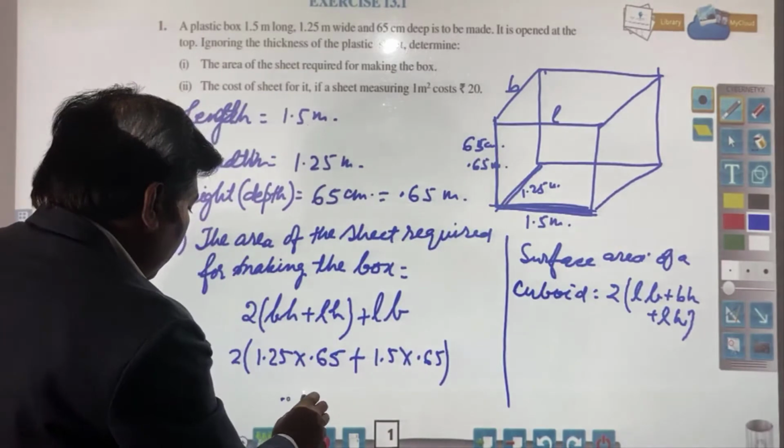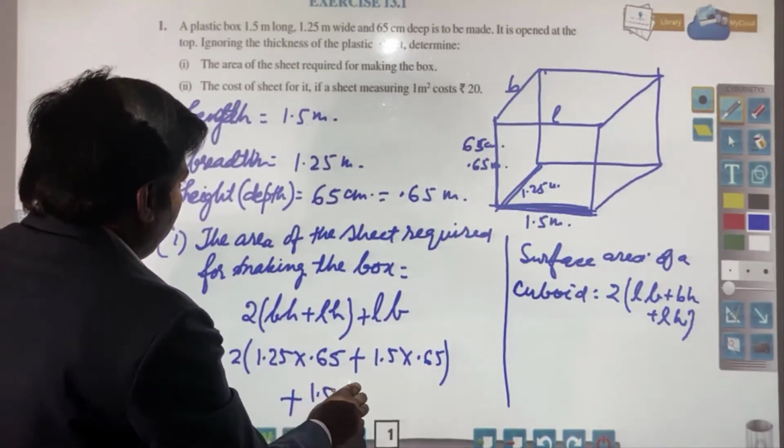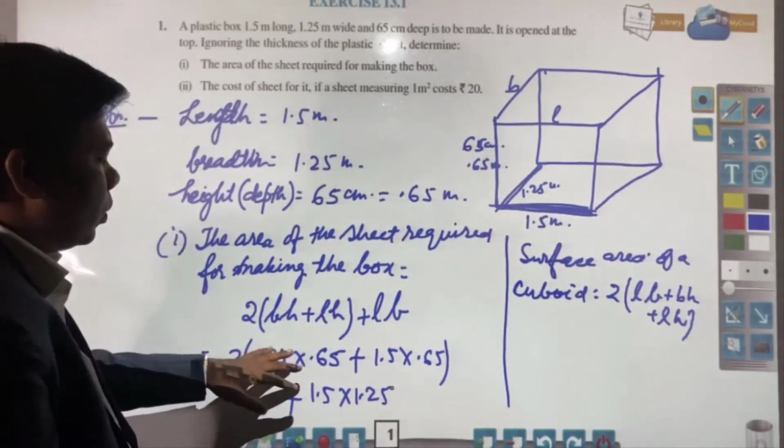And plus L into B, L into B is equal to 1.5 into 1.25. This you need to simplify.